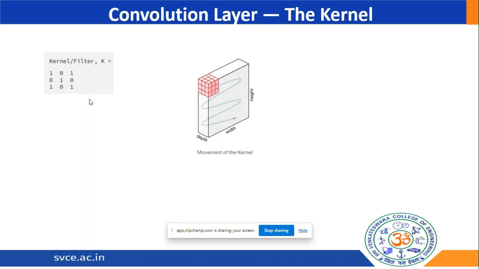The filter moves towards the right with a certain stride value till it passes the complete width. Then it hops down to the beginning of the left with the same stride value and repeats the process until the entire image is traversed.